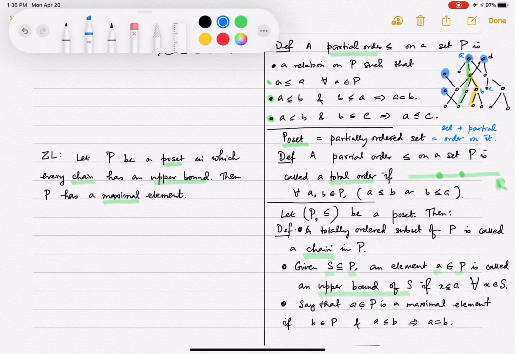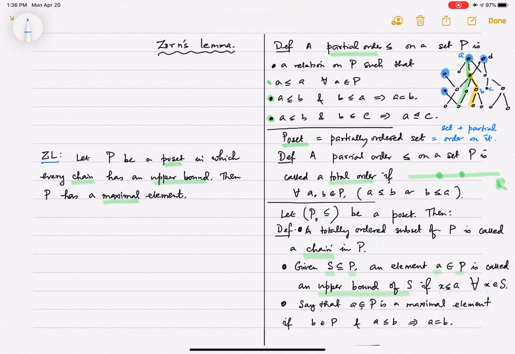Okay. So now that we have explained all this language, I can state Zorn's lemma. If P is any poset in which every chain has an upper bound in P, then P contains a maximal element. So you have a poset, and if you give me any totally ordered subset, any chain, then I can find something in P which sits above it.